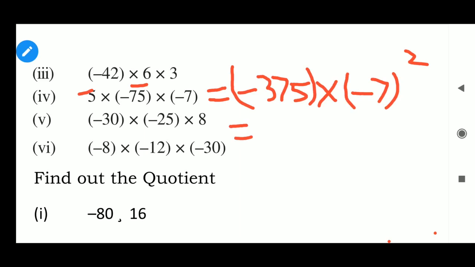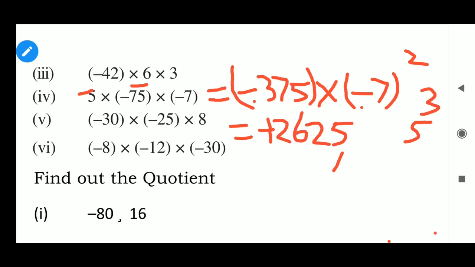Now minus minus is plus. Whenever you multiply this minus and this minus, it becomes plus. Now first you multiply 375 by 7, so 5 sevens are 35, 3 is carry, 7 sevens are 49 and 3, 52, so you can write 2, carry is 5, and 7 threes are 21 and 5 is 26. So that is your answer.